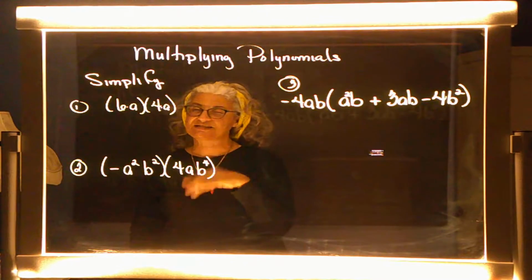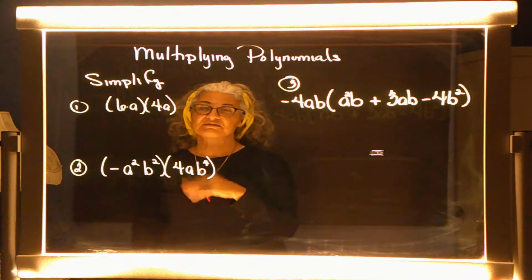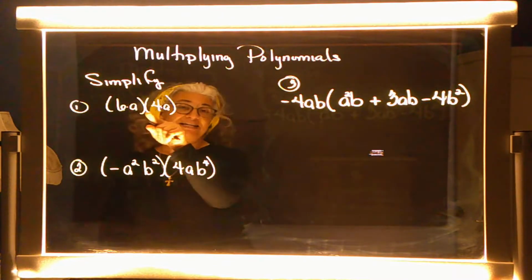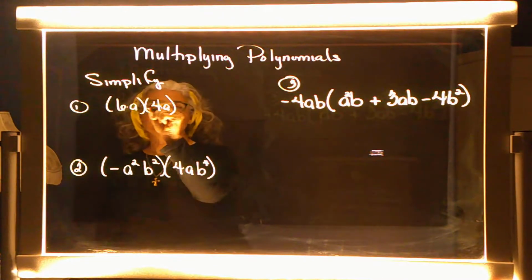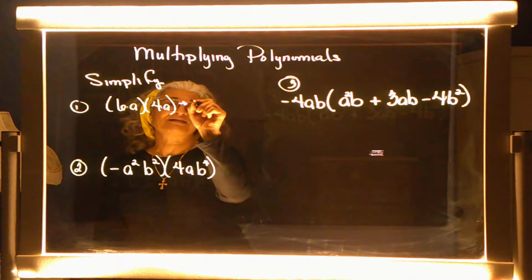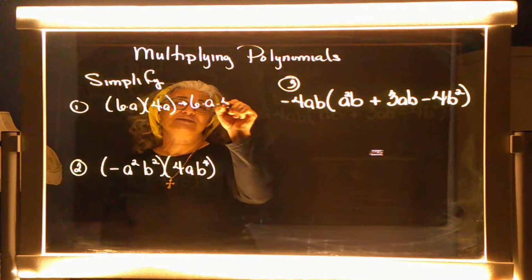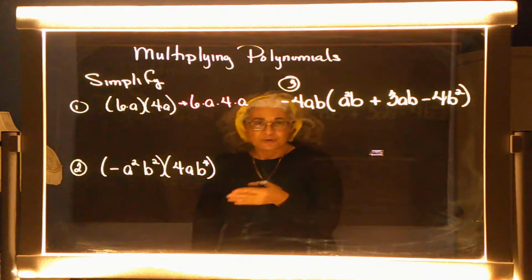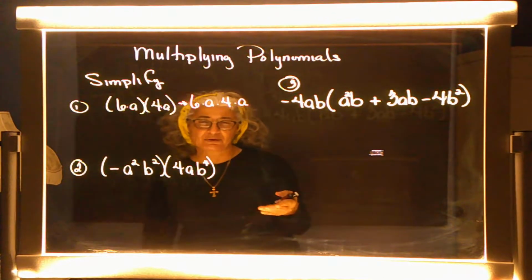We're just used to saying 6a and 4a, right? 6a, 4a, but it's actually 6 times a, 4 times a. And in between these parentheses is also multiplication. So technically, I could write this problem as 6 times a times 4 times a. We don't write it that way, but we could.